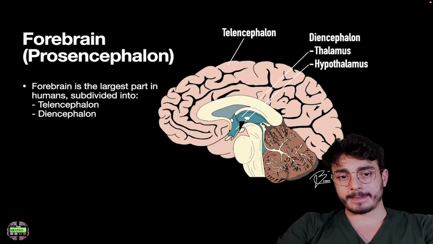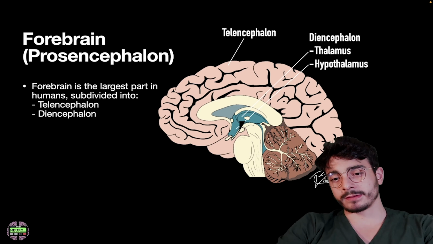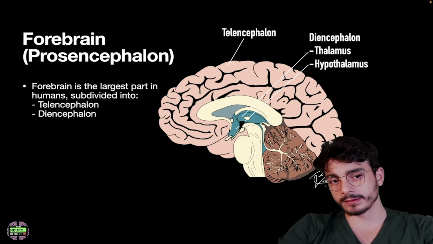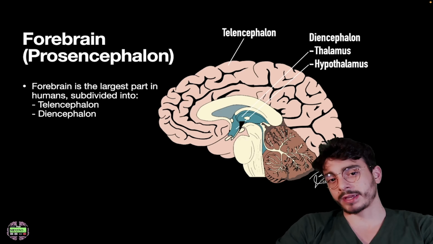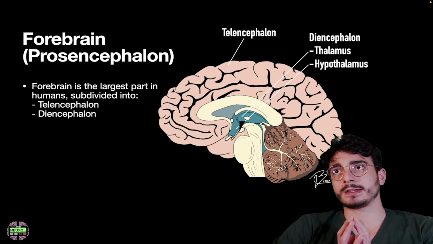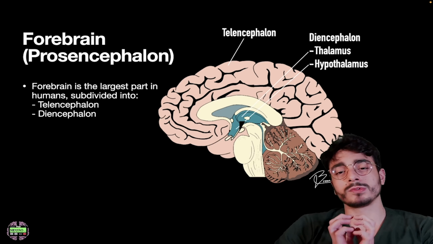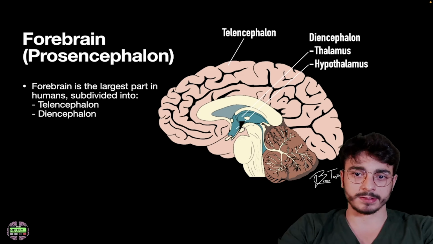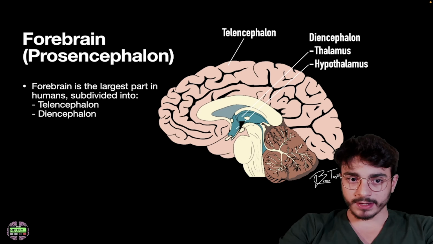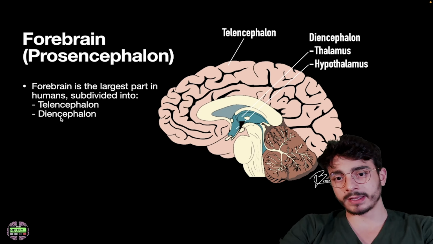Okay. Now, talking about the forebrain. Prosencephalon in Greek means end brain, which is the most developed part of the brain itself. And it's subdivided, as I told you, into the telencephalon and the diencephalon.